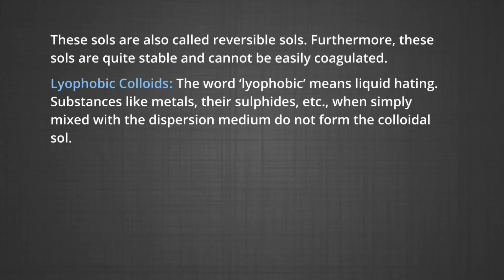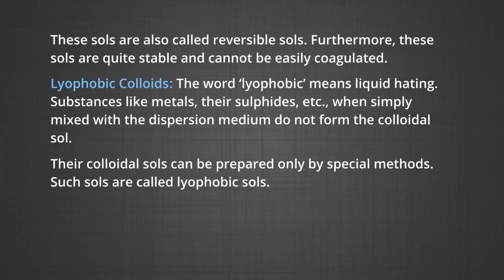Lyophobic colloids. The word lyophobic means liquid hating. Substances like metals, their sulfides, etc., when simply mixed with the dispersion medium, do not form the colloidal sol. The colloidal sols can be prepared only by special methods.